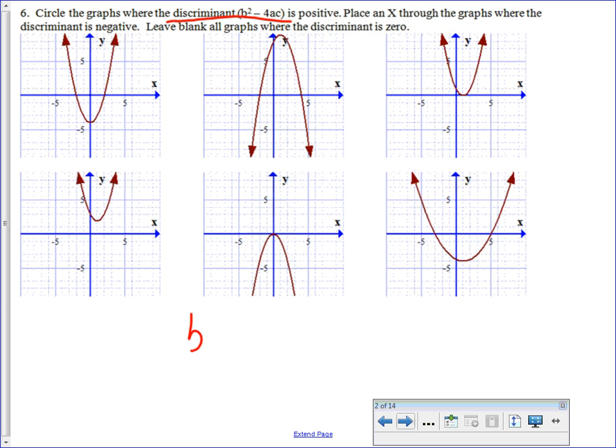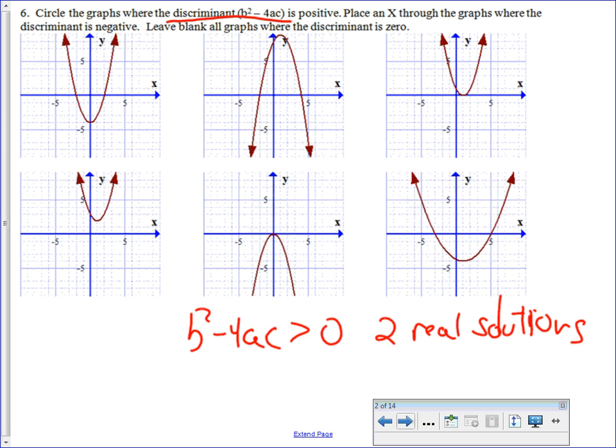And if you remember, if b squared minus 4ac is greater than 0, then there are two real solutions. If b squared minus 4ac equals 0, there's one real solution.